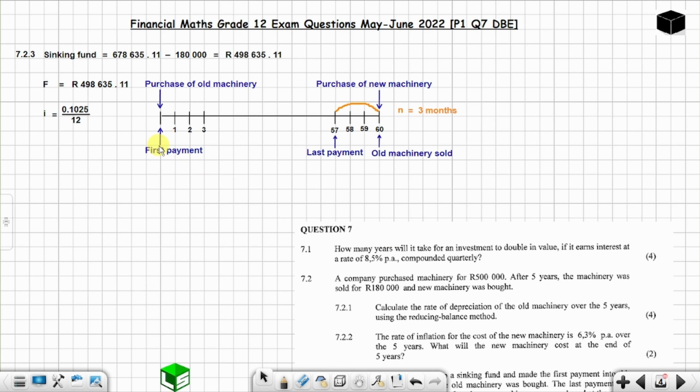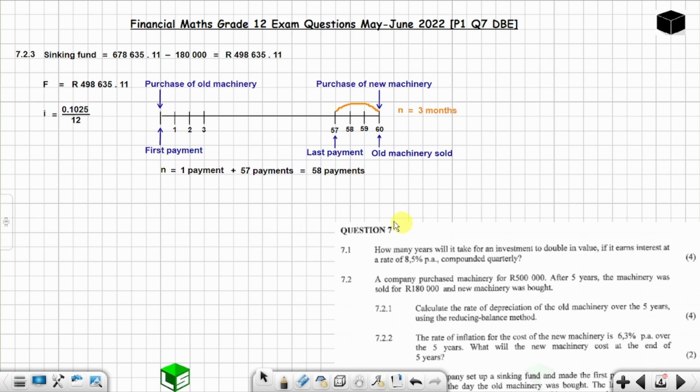Okay, the same day the old machinery was purchased. So how many payments do you have? N is equal to 1 payment first, right? 1 payment first, and then 57 payments. Okay, so plus 57 payment. This is equal to 58 payment. Okay, I hope you can see that. You have the normal payment, 57, plus this one, which is made immediately.